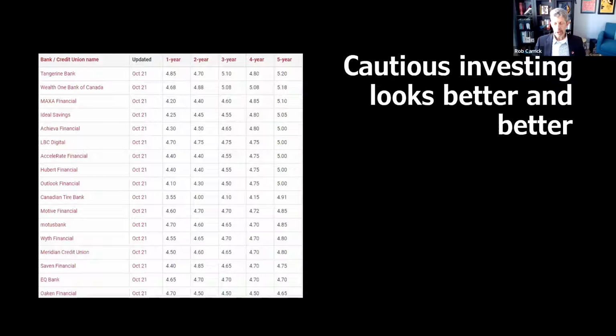And then there's the fact that you can do better in stocks. I think there's a very good chance that over the next 5 years, the stock market could average better than 5.2%. But remember, this is an after-fee return. So maybe your 6% or 7% return in the stock market is actually lower after fees.